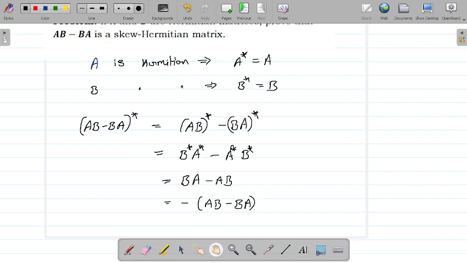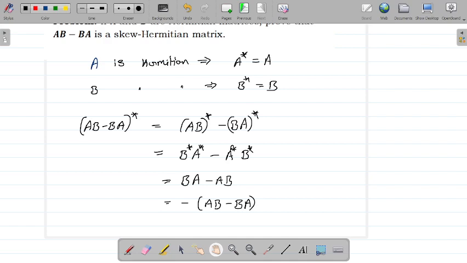You could see that the imaginary part must be 0 for a Hermitian matrix. Whereas if it is skew Hermitian, you are going to have a minus. That also we discussed. Yeah, the third part was also discussed.